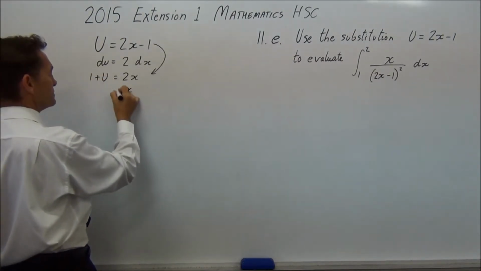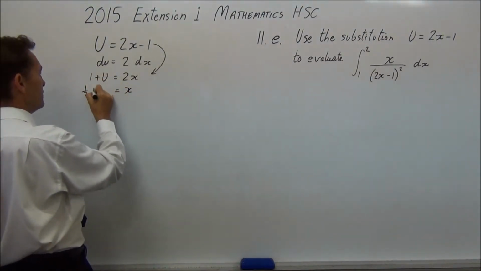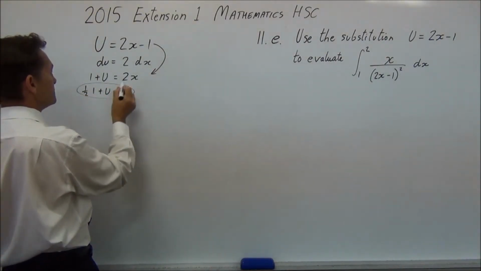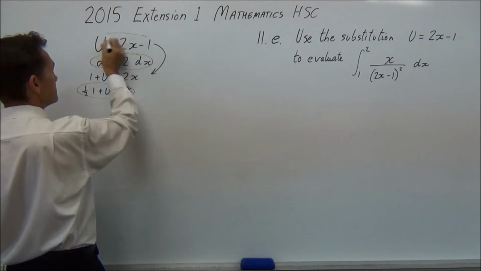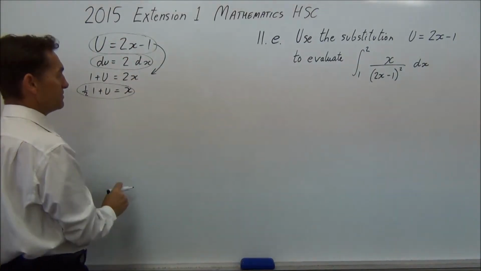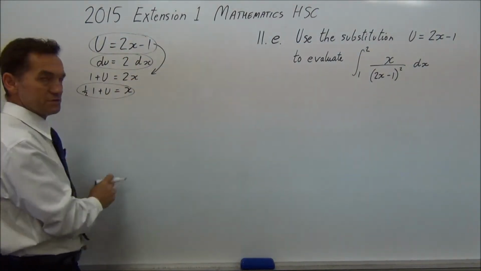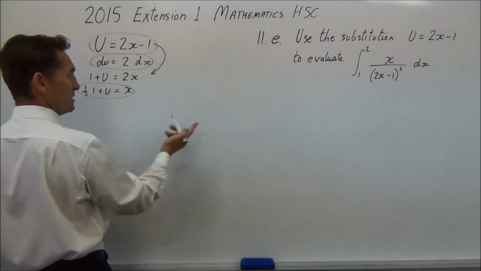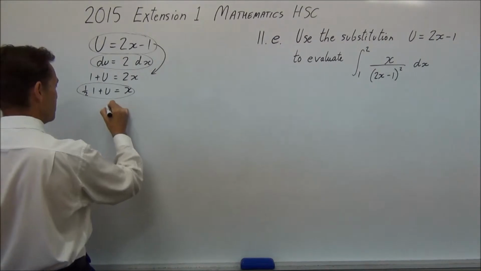So therefore x equals a half (1 plus u). So we want this bit, and this bit. And I think this can throw students off if you've left that in your working, you're looking up at that and think you can change it. So let's change it so we can actually move things into it.